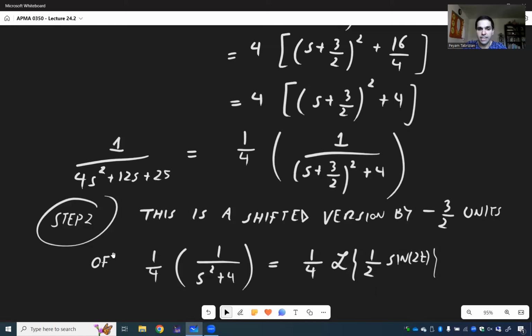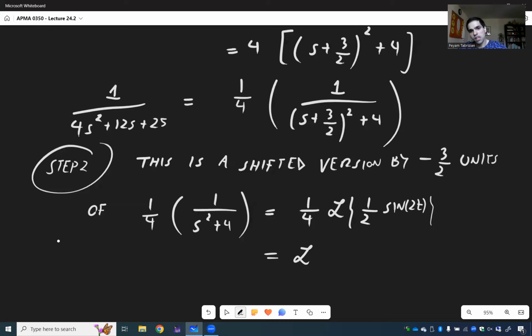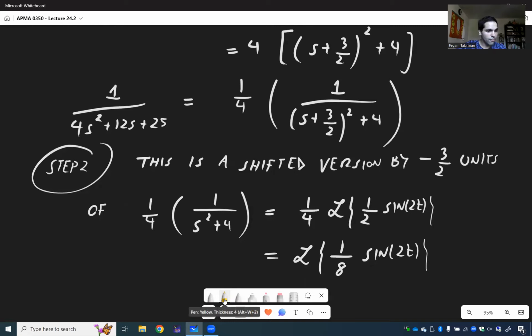And so in the end, it is 1/8 or Laplace transform of 1/8 sine of 2t. And because we're shifting by minus 3/2 units, we have to add the exponential term back.